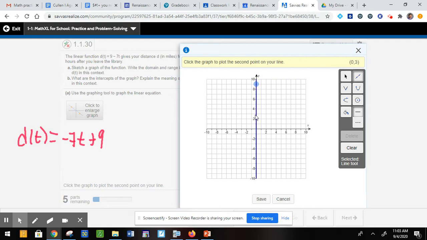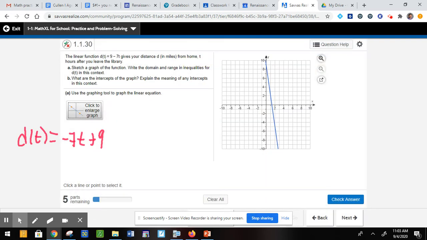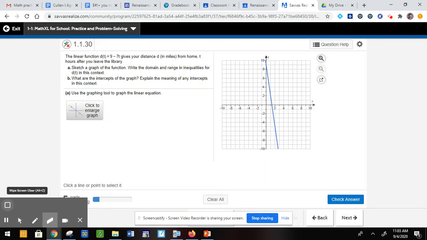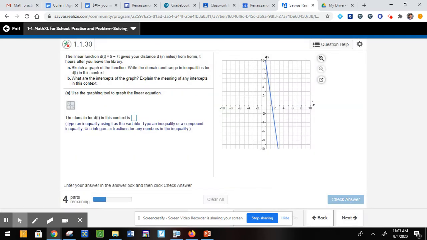So it means I'm going to go down 7 and then right 1. Okay, so that's my function. Hit save. Let's erase what I wrote. And we'll check our answer on that. Okay, so that part's good.